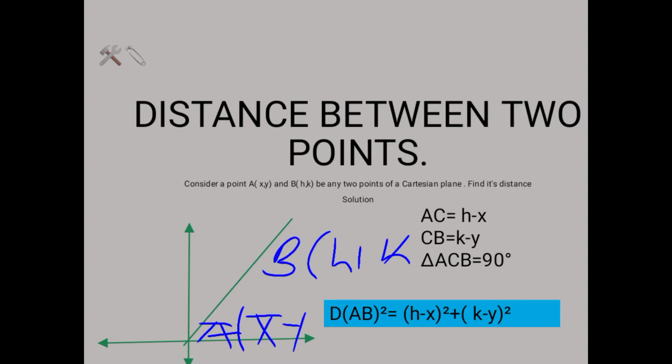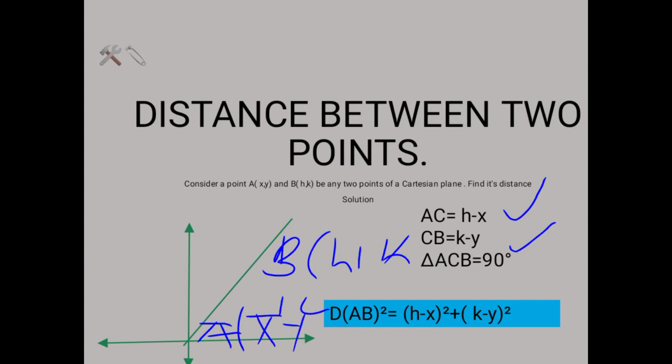When we extrapolate so that we get point C here, to get the distance AC, it is h minus x because it lies on the x-axis. Point CB, which is the y-axis, sometimes we call change in y. We get k minus y.